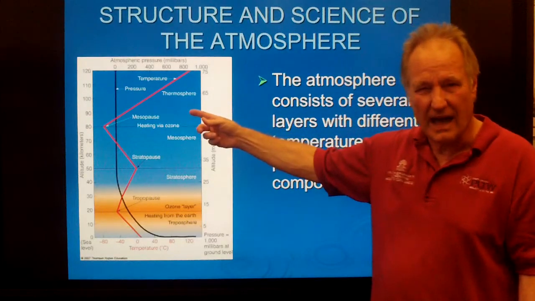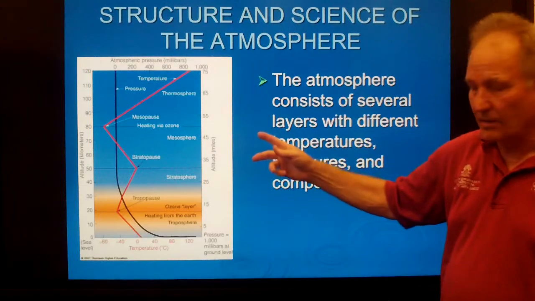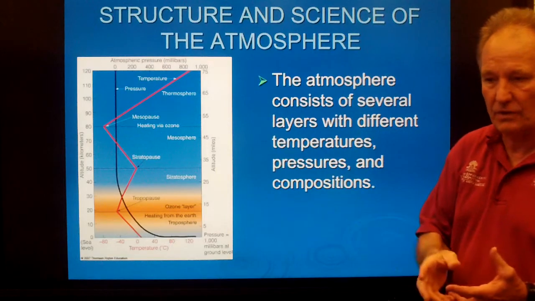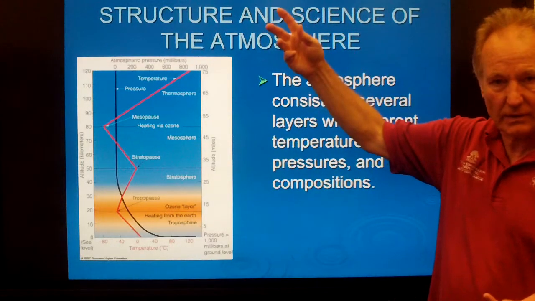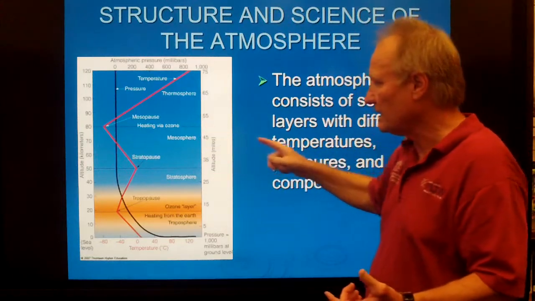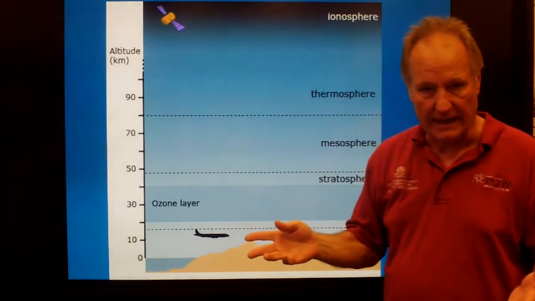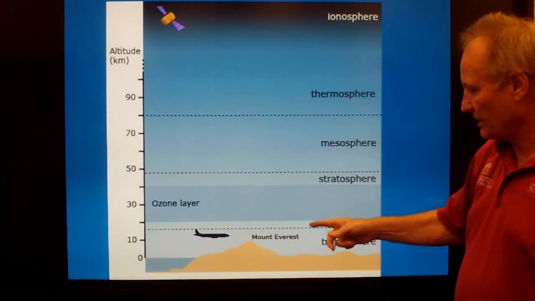Thermo means hot, but that doesn't make sense in some ways, because if in the summertime you go from South Carolina up into the mountains of North Carolina, it's cooler, right? So wouldn't you think that the higher you go, the cooler it would get? Well, there are some abnormalities here, and let's talk about those.